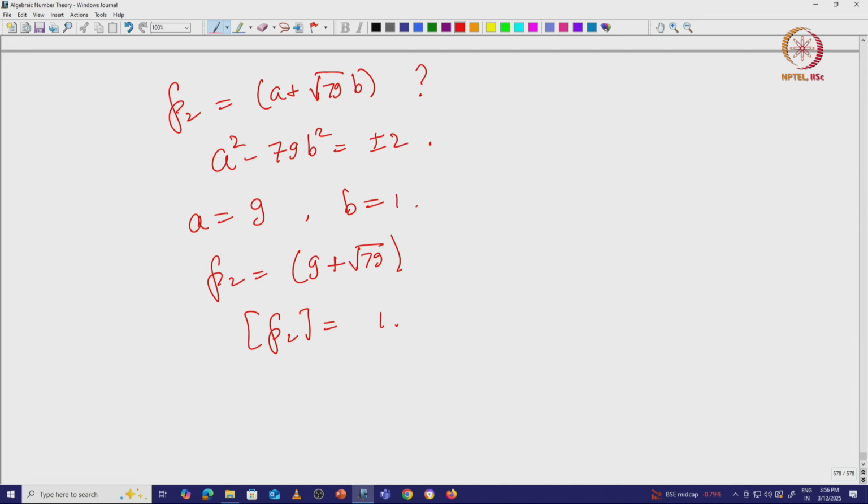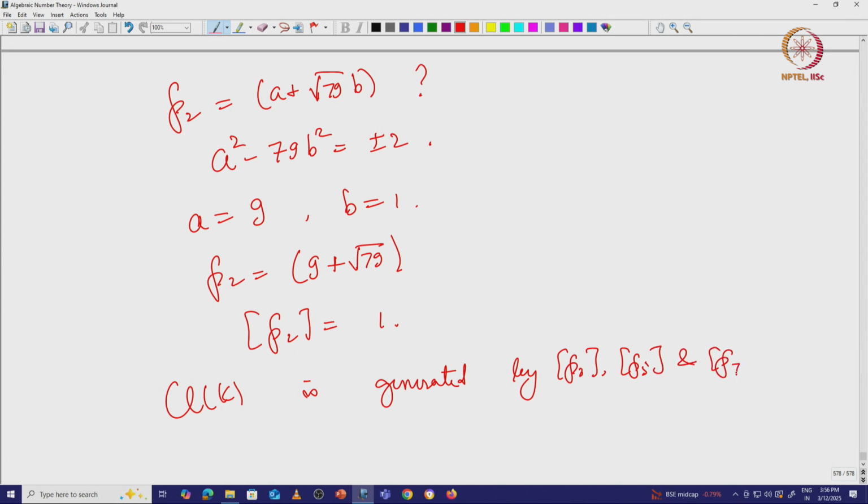Okay. So the class group of K is generated by P3, P5 and P7. Now of course some of these could be trivial, some of these could have relations amongst them and so on. We have to find out what is happening exactly.